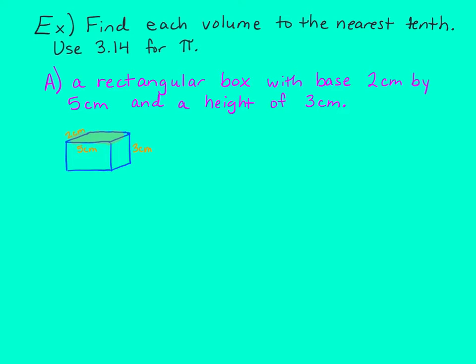So we'll start with our formula. Then we'll plug in the base area. In this case it's a rectangle, so that would be length times width, and then multiply by the height. And we'll just plug all of those values in. Our base is 5 by 2, and then the height is 3.